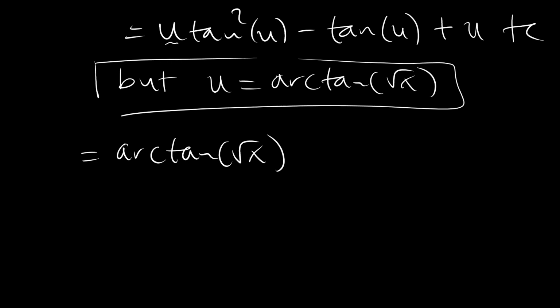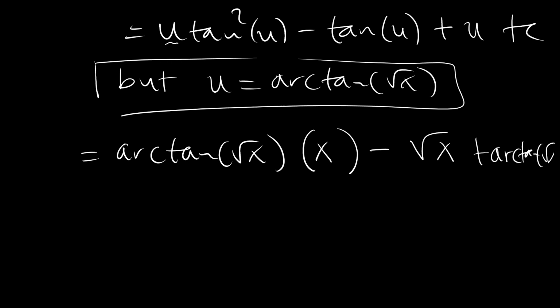Tan squared of that, we get x, minus tangent of u, which is square root of x, and then u is the same as arctangent of square root of x, plus the integration constant.